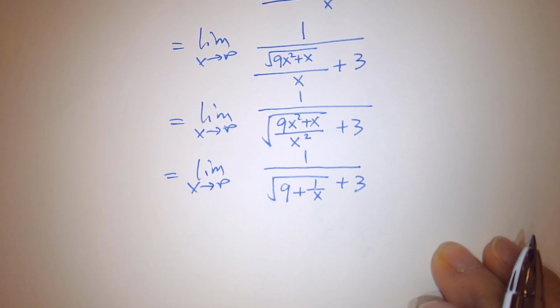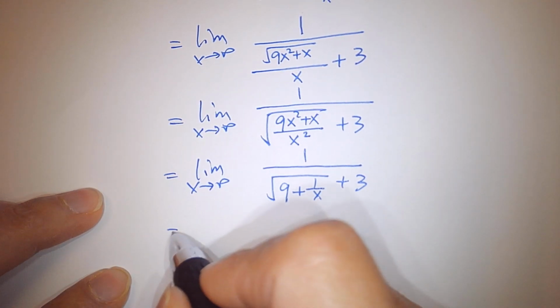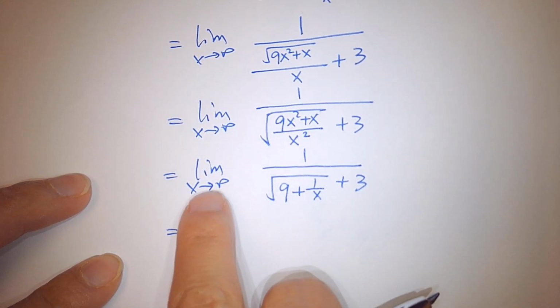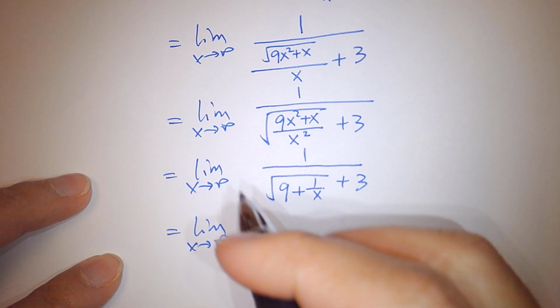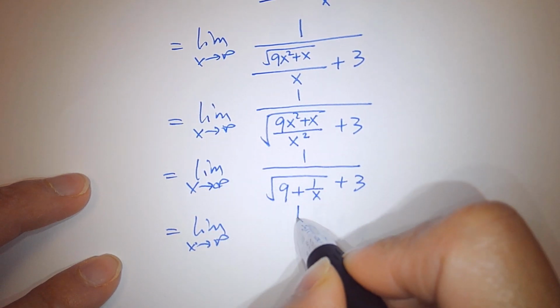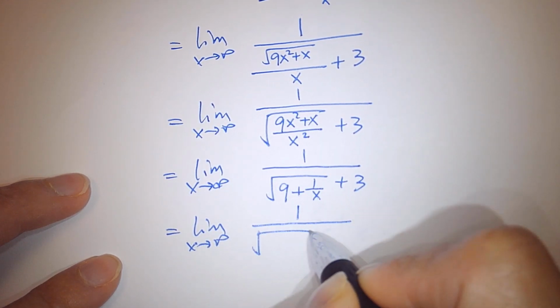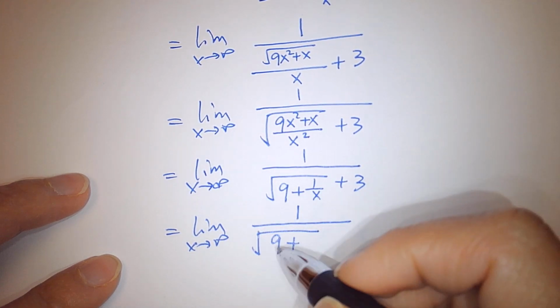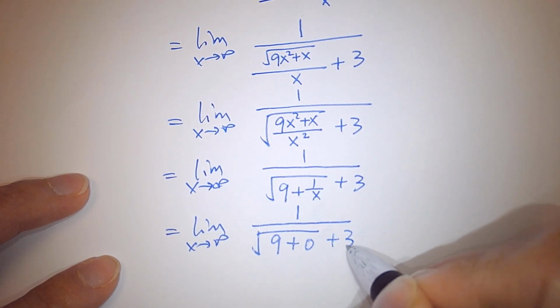You got lost? Well, I was copying it down, and then you went. Okay. When you're done, you go back over. Okay, so when x goes to infinity, on the top we have 1. On the bottom we have what? 9 plus what? What's 1 over x when x goes to infinity? 0.